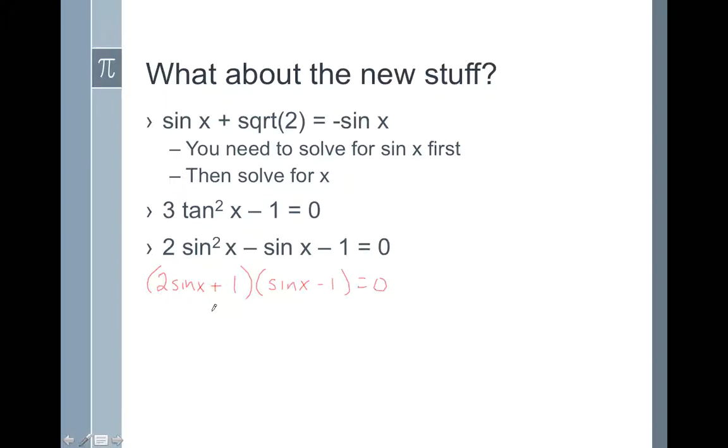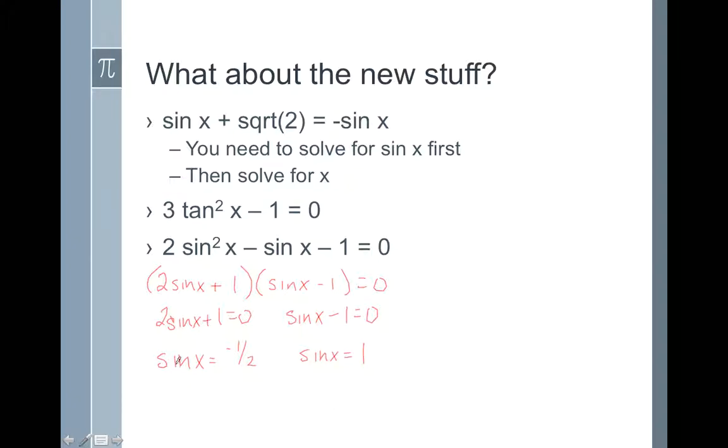And just like I wrote out before, this tells me that 2 sine x plus 1 equals 0. And this tells me that sine x minus 1 equals 0. Here I can subtract 1 and divide by 2. Here I'm going to add 1.